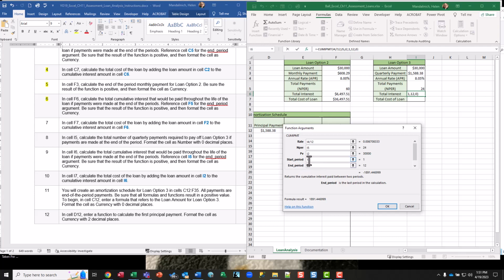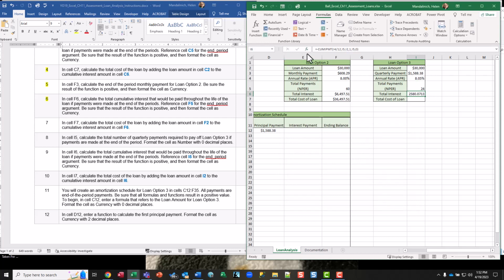Oh, this should not be 12. We need to reference this cell because it tells us how many payments we're going to make, right? Which is 24. So that's why your formula was not coming out. And then that should be a 0. So we're going to do that.